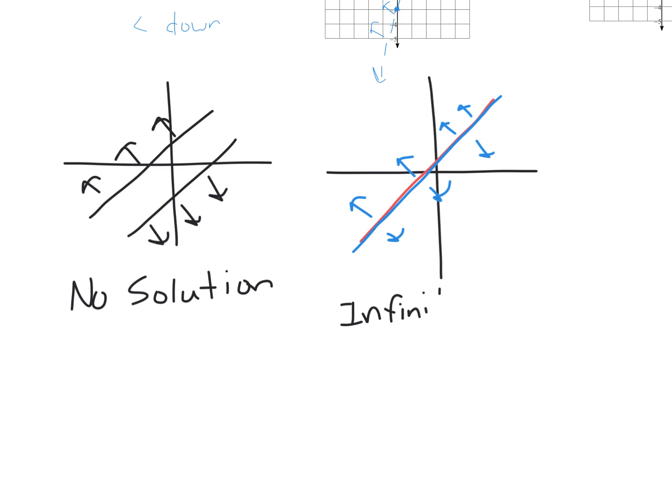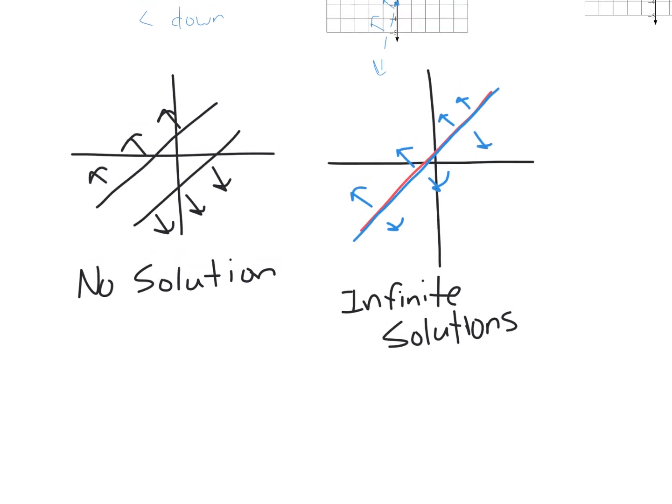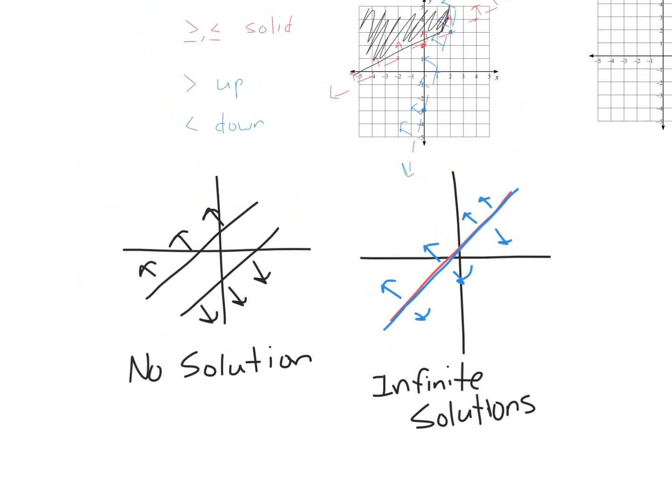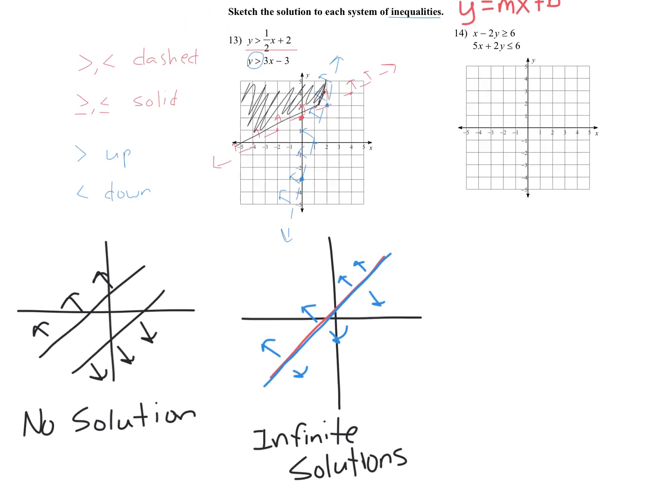So that's if the whole graph is shaded. Okay, so the reason I talk about this, I just want you to keep in mind if they don't happen to overlap and you don't have an area to shade, that's okay. And if the lines are on top of each other and they go opposite directions, that's okay too. Just keep in mind those different outcomes that you could have. Okay?